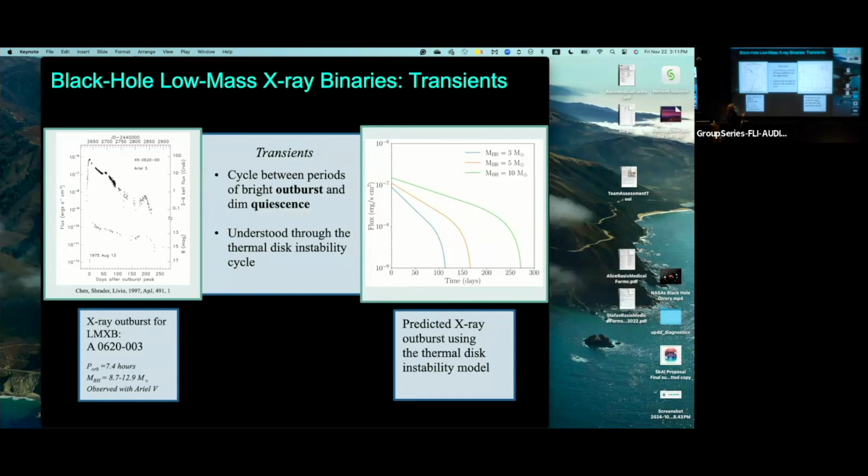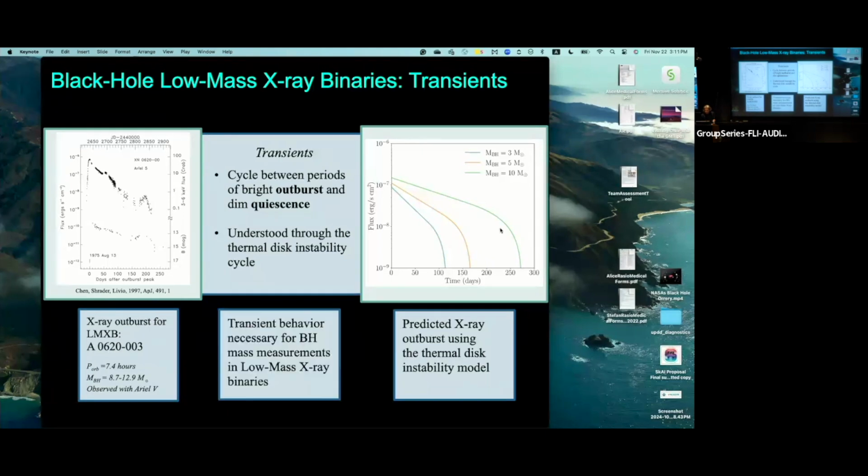You can look at observations of lots of these, and heuristically, by eye, you can say that maybe one can develop a model of the time behavior of this X-ray flux, the way you see it here on the plot, roughly. These predictions are coming from the thermal disk instability model for X-ray outbursts, and it does a good job also explaining a few other characteristics of the systems.